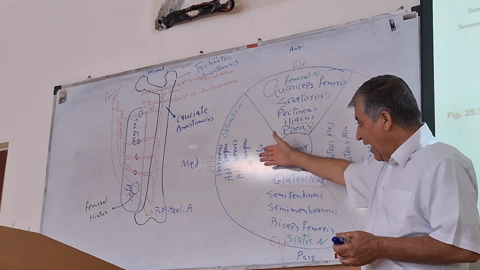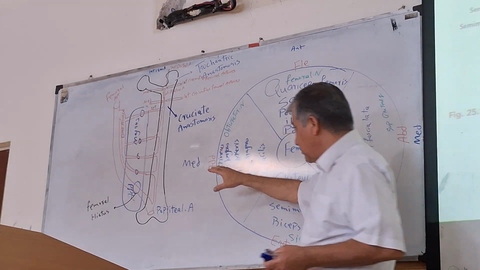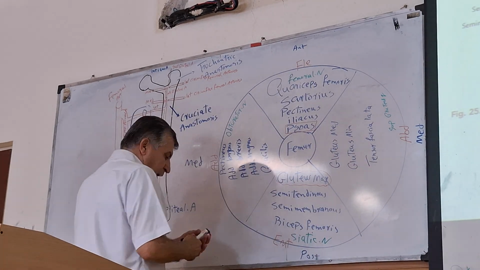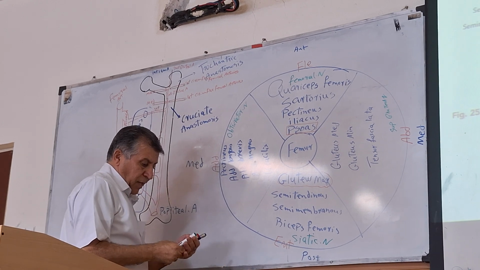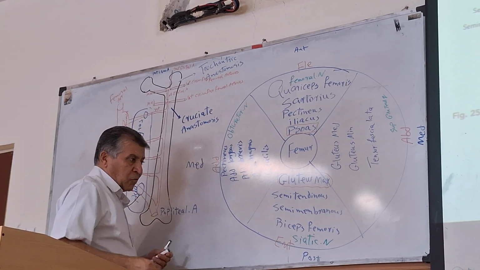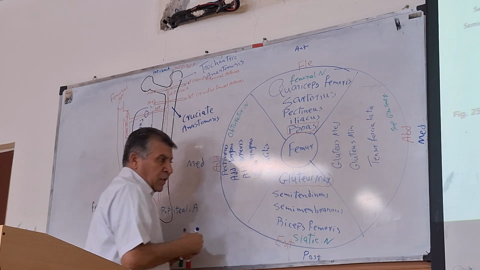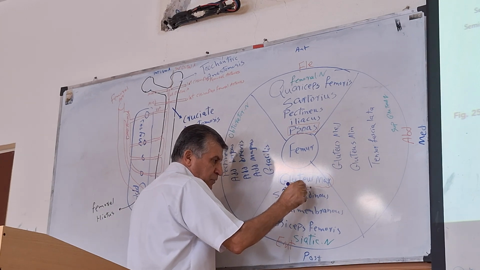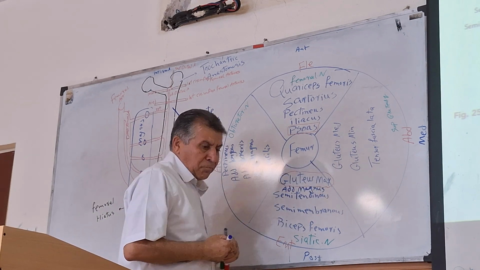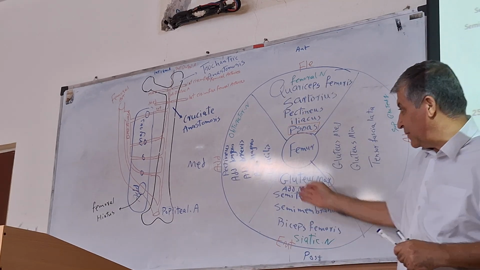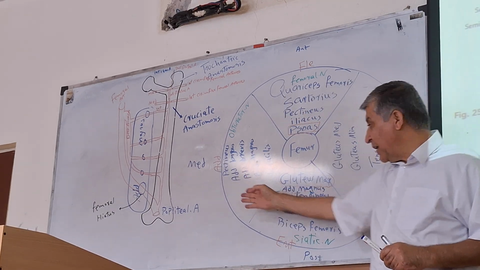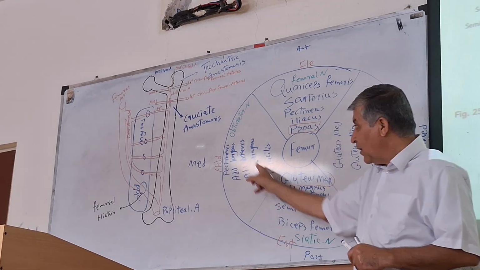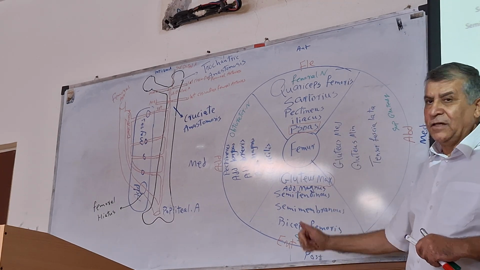Adductor magnus is a part of the medial compartment, but has an additional origin and insertion, so it is also a part of the posterior compartment, among the extensor muscles of the hip. Adductor magnus has two functions, adduction and extension, and for this reason has two nerves: the obturator nerve and the sciatic nerve.